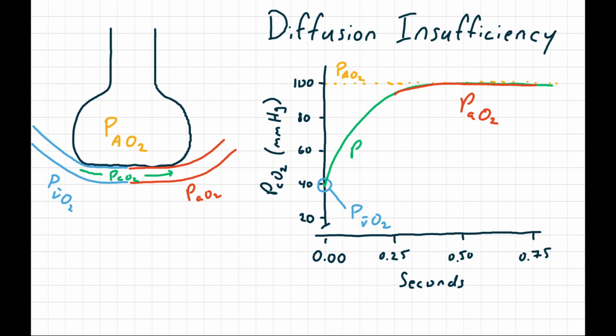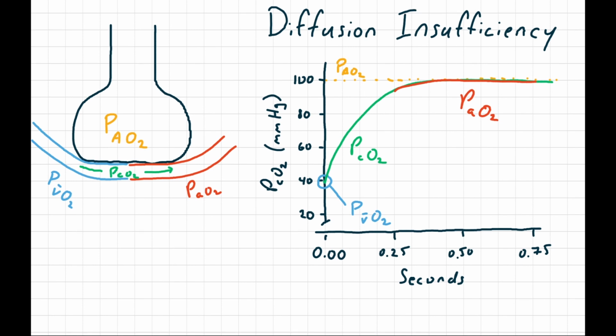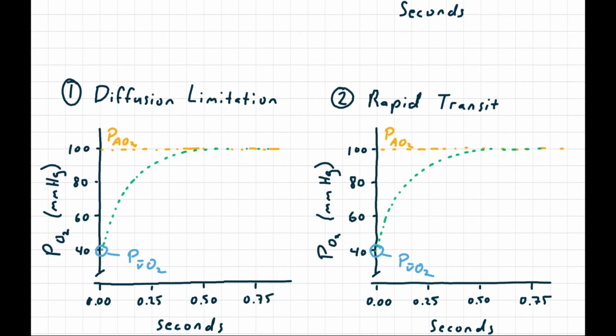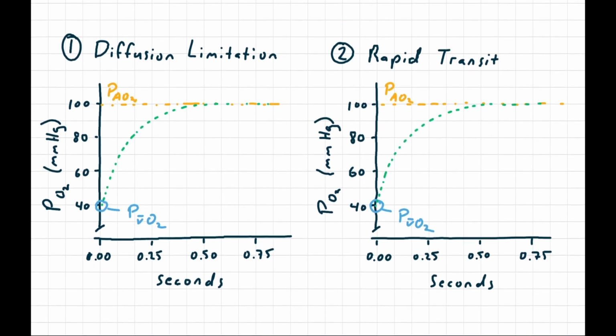So the green line is capillary partial pressure of oxygen, and the red line represents arterial oxygen partial pressure. You can probably already pick out some of the situations in which insufficient diffusion would result in a lower arterial oxygen partial pressure. They are a limitation to the diffusion itself and a rapid transit through the pulmonary capillary.